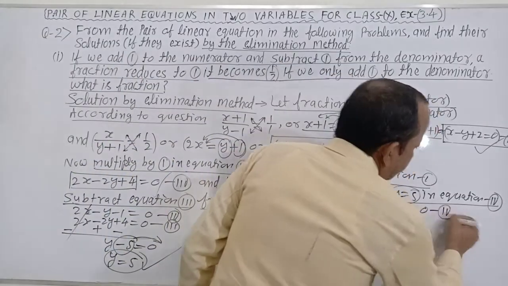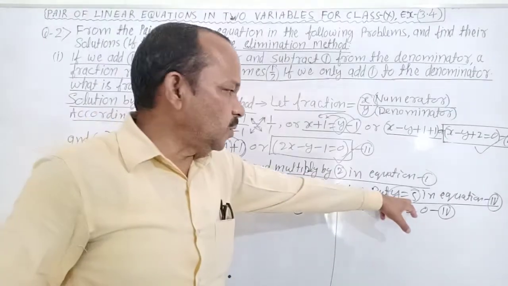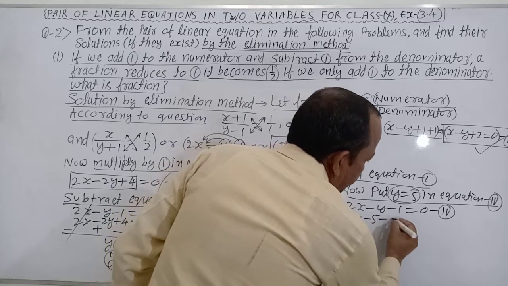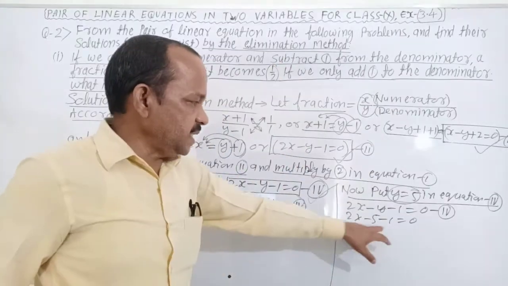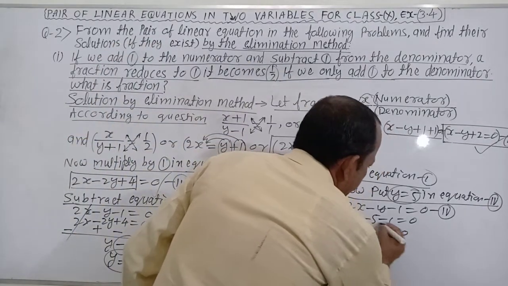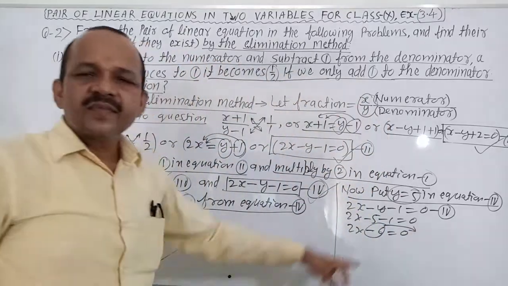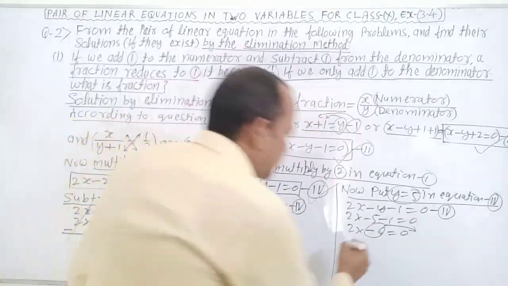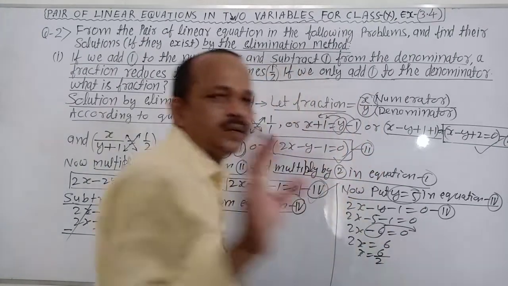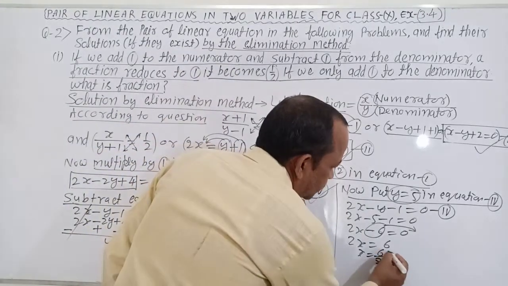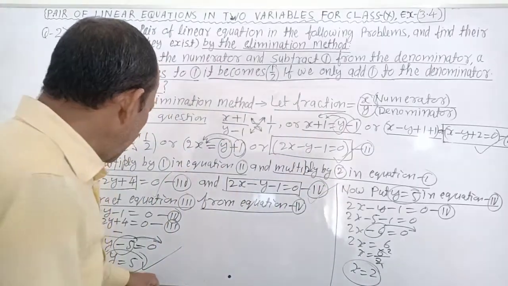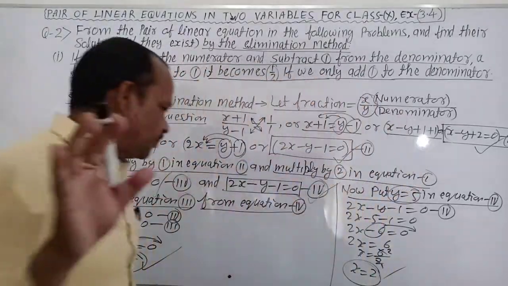Here y equal to 5, so 2x minus 5 minus 1 equal to 0. Minus 5 minus 1 becomes minus 6. 2x minus 6 equal to 0. You can write minus 6 on the right side of the equal sign. It becomes 2x equal to 6, x equal to 6 by 2, 2 ones are 2, 2 twos are 6, you find x equal to 2, y equal to 5, x equal to 2.